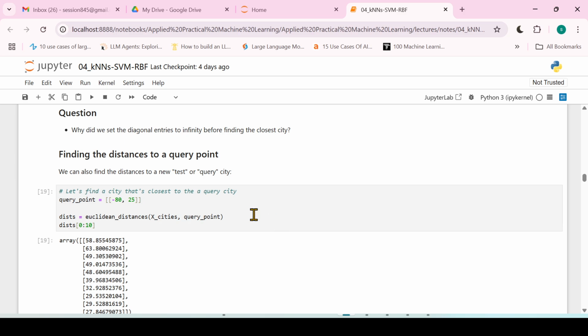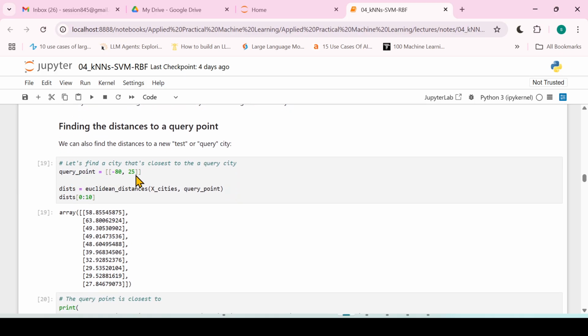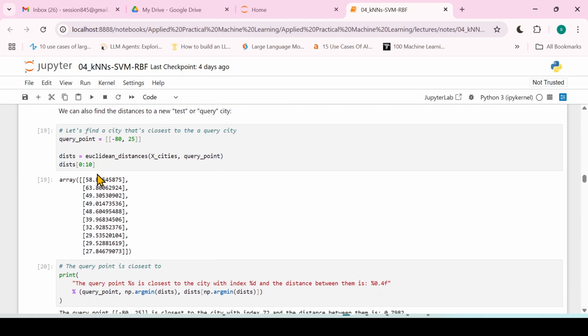Now we'll find the distance from a new test example, or a query city, to all other cities. For that, we have taken the query example and passed the city data set to it. This will calculate the distance between all the examples in the city data set and this query point.